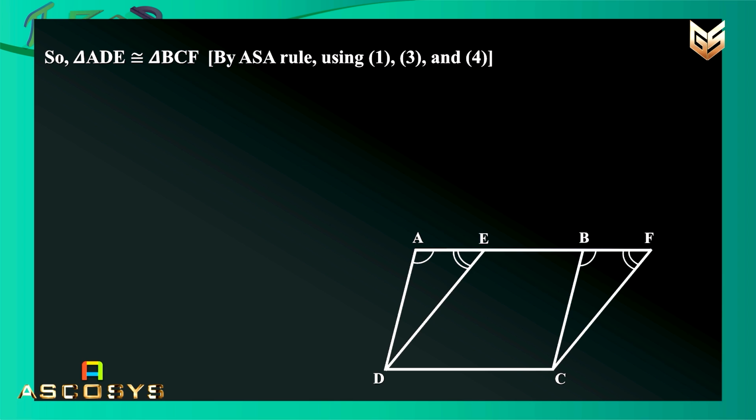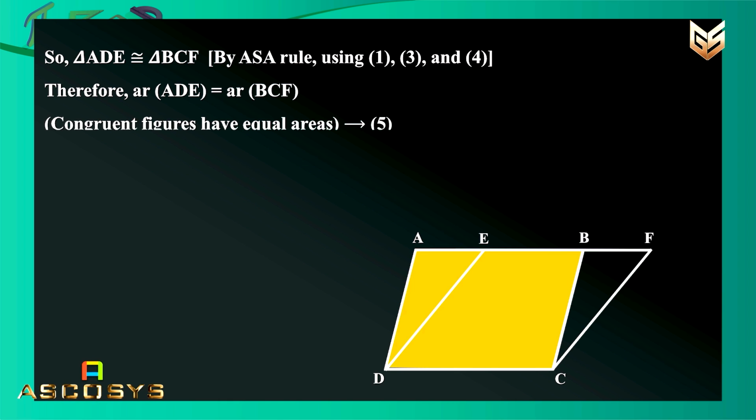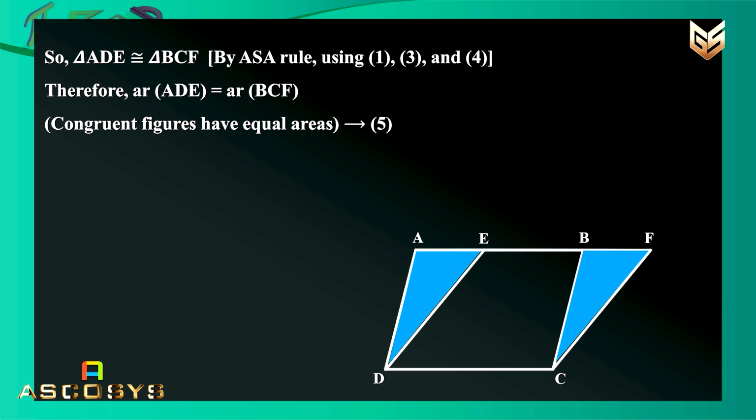Because of the congruency criterion ASA, and also we are using equations number 1, 3 and 4. So therefore we can say that area of triangle ADE is equal to area of triangle BCF. Why? Because the two triangles are congruent, that means their areas must be equal.